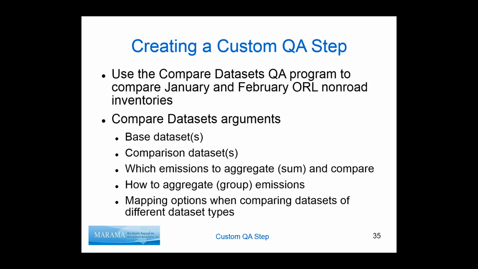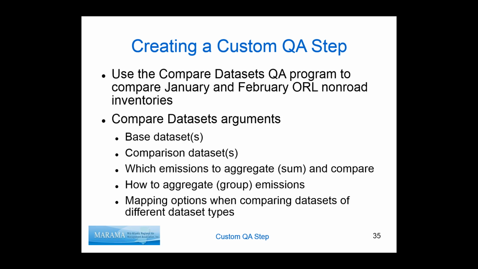This is actually part of the homework: you've got a single 2007 inventory, but then you have sector-based 2011 inventories. So you'll use the compare datasets program to compare 2007 to summed up versions of that 2011 data. The way compare datasets works is we are going to aggregate, sum up the emissions, and then compare them against each other.